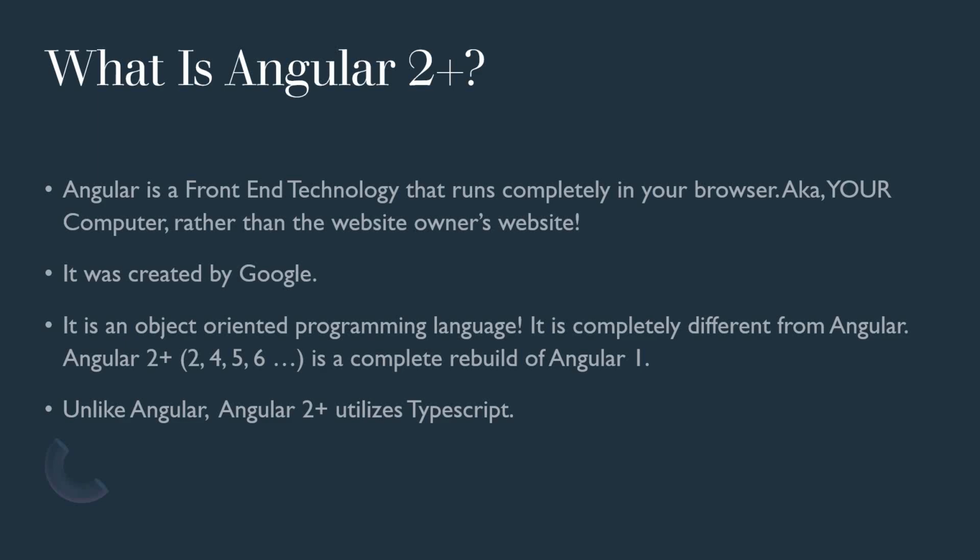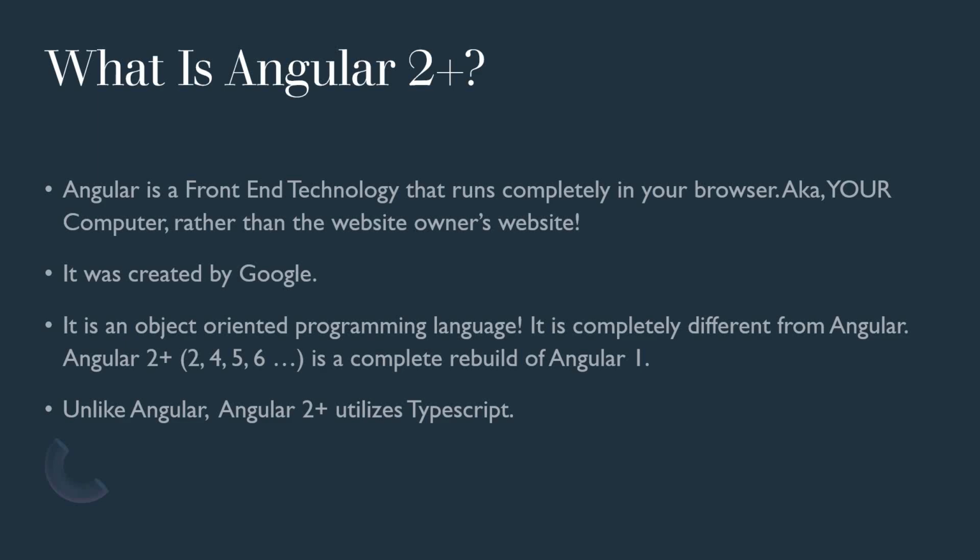Angular 2 Plus is completely different from Angular. Basically, what happened is that Google created this framework called Angular and then realized it had some shortcomings that the developers didn't like. Some complexities that were introduced that they realized after they had built the initial framework and started using it.